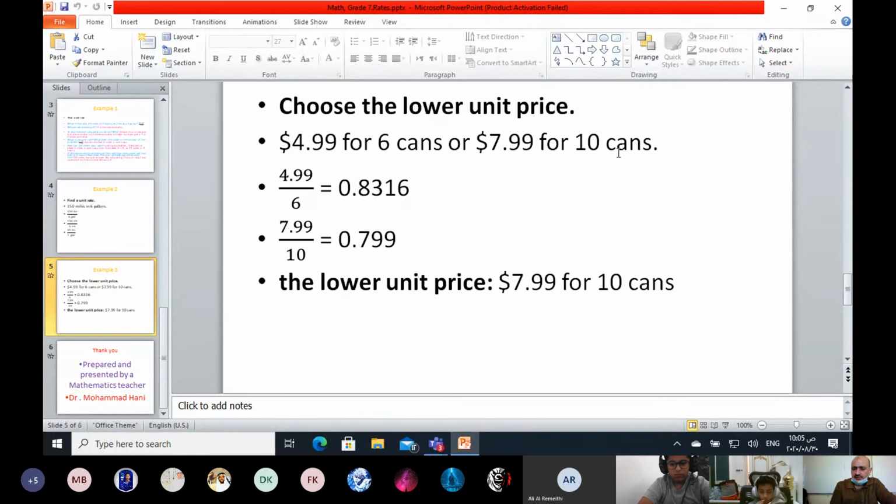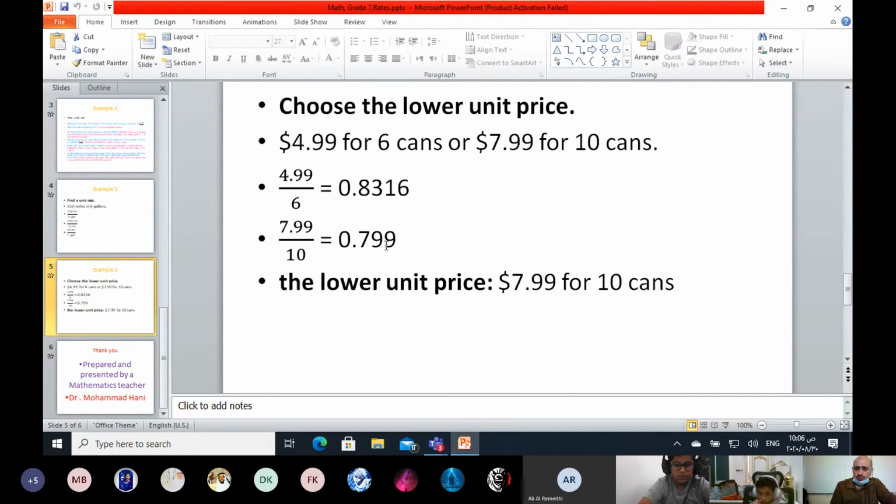Now go to the second offer: $7.99 for 10 cans. Write as a rate: 7.99 over 10. Divide up and down by 10. You will get 0.799.